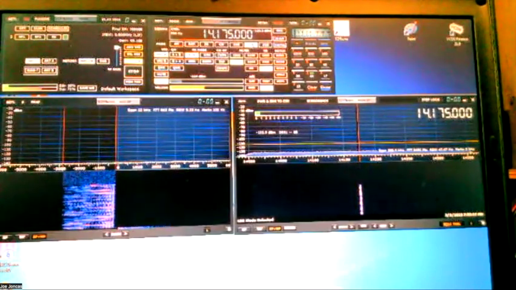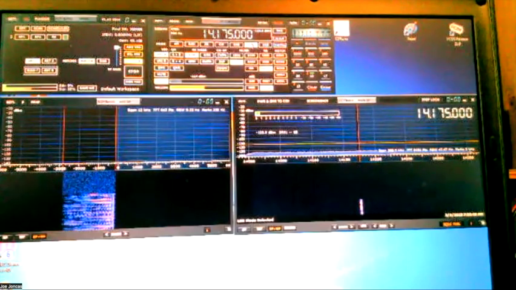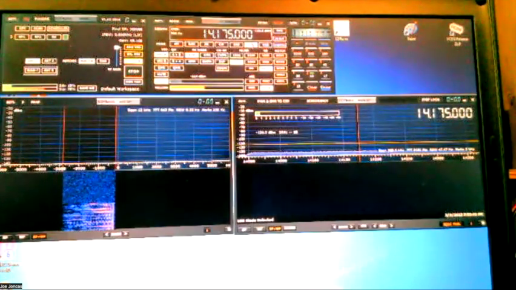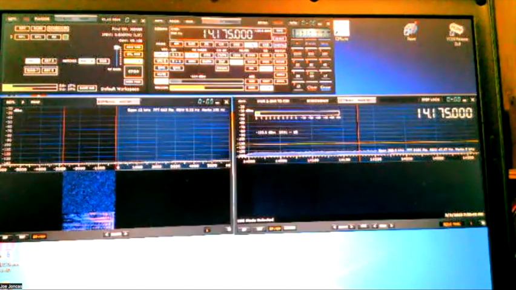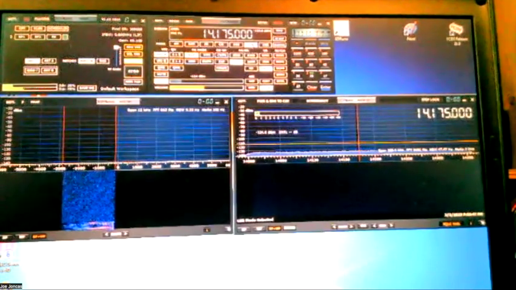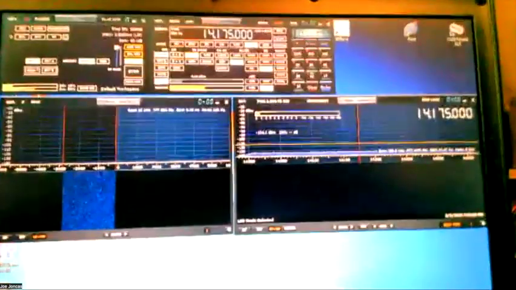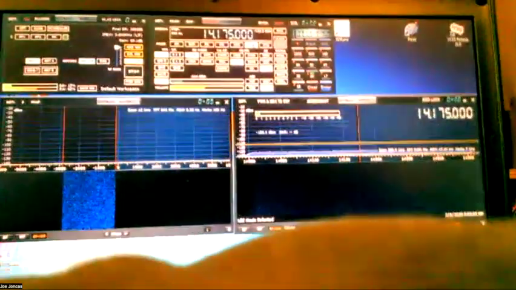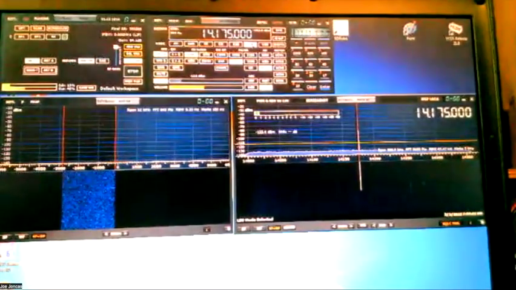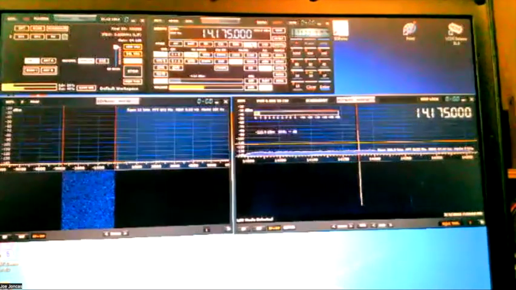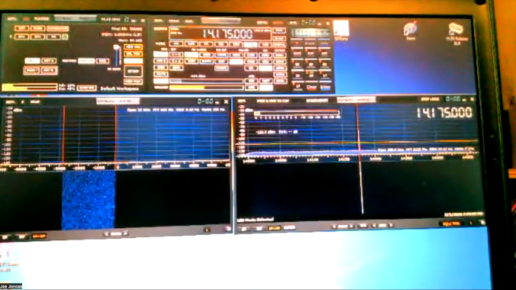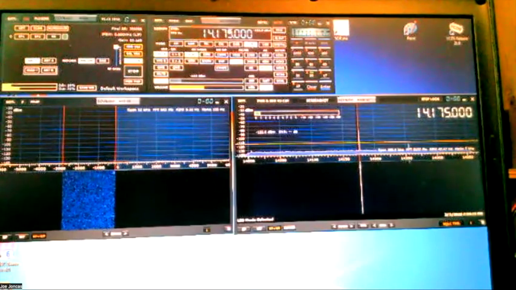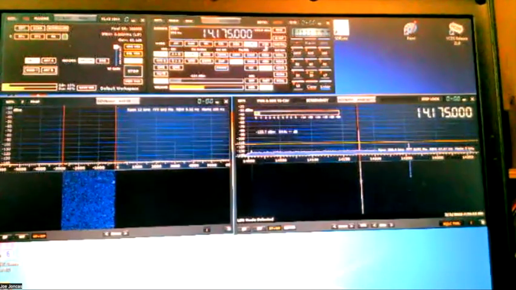Okay, now you know something. This is one thing that we did not try. I don't know if it's going to work. Switch back to upper sideband. Oh, wait a minute, I'm sorry, I'm the one who needs to go to upper sideband.